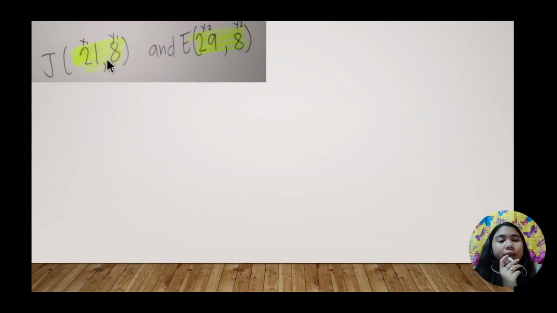Our x1 is 21, y1 is 8, x2 is 29, and y2 is 8. So, we just substitute the givens into the formula.